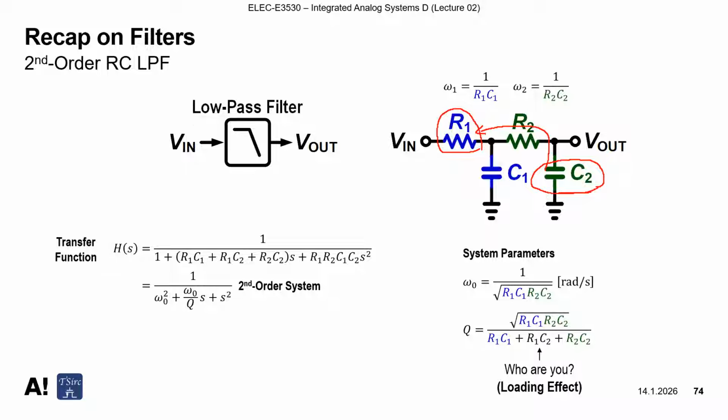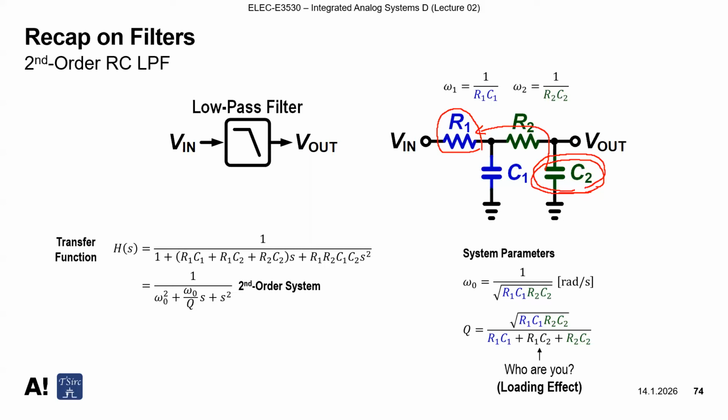This means that the C2 part is influenced not only by R2, but also by R1. Both R1 and R2 are influencing C2 because there is a connection anyway.